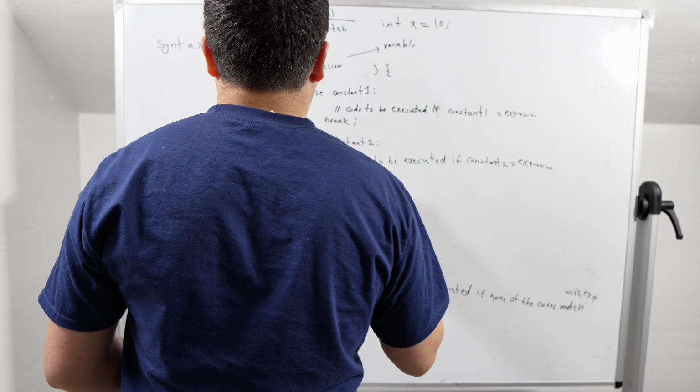So here I check case 5. And then here I can cout and say x is equal to 5. And then endl and break.